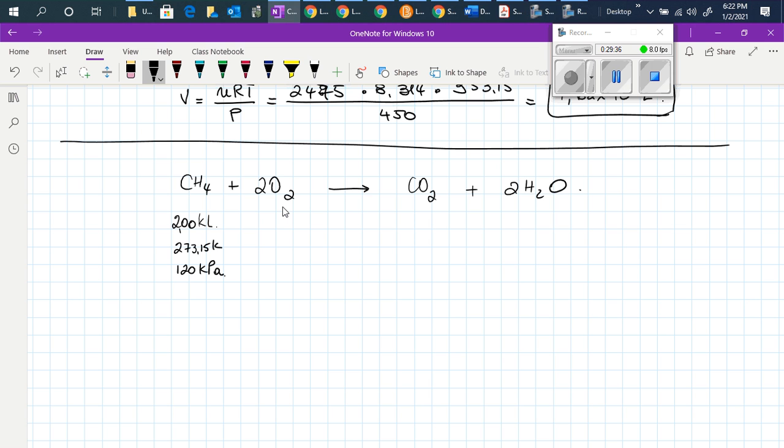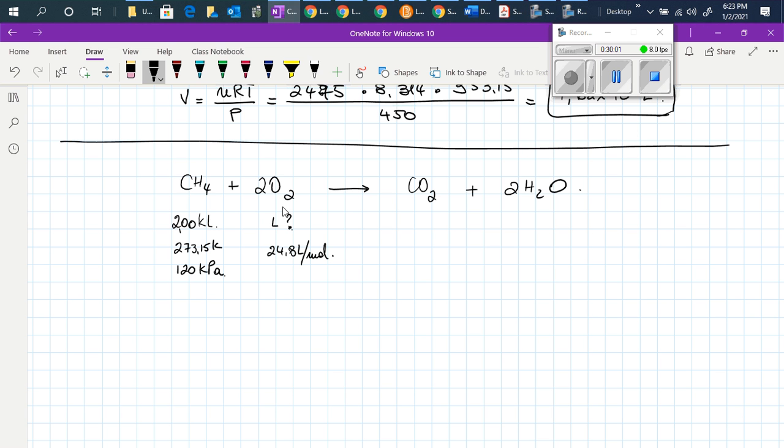And what we are looking for is what volume of oxygen, so liters of oxygen at SATP conditions are required. Okay, so SATP conditions have a molar volume of 24.8 liters per mole.